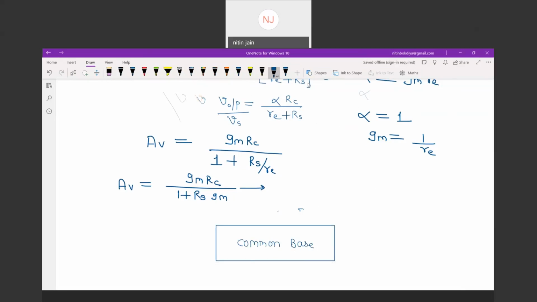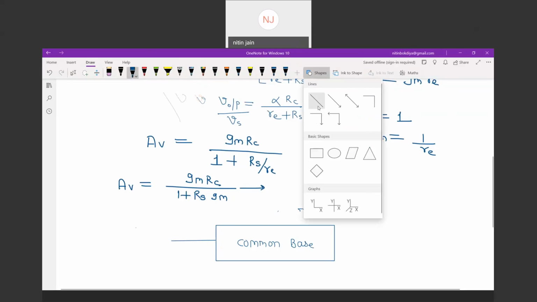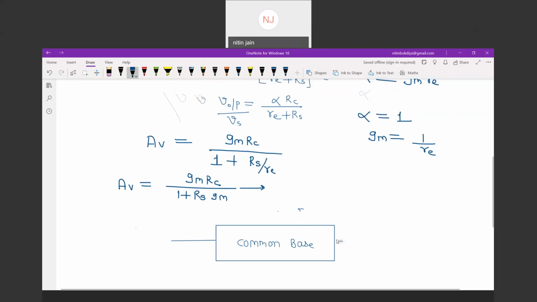What you can say, it accepts the signal at low frequency and Ri is low, Rout is high, है ना?